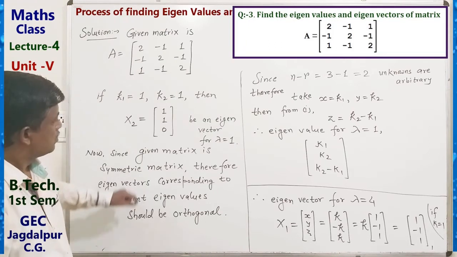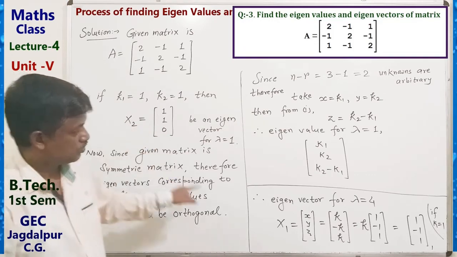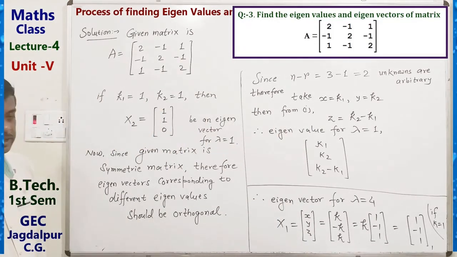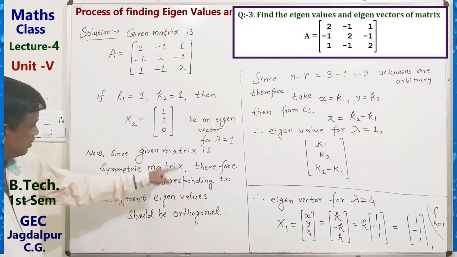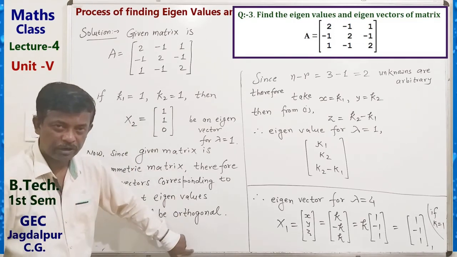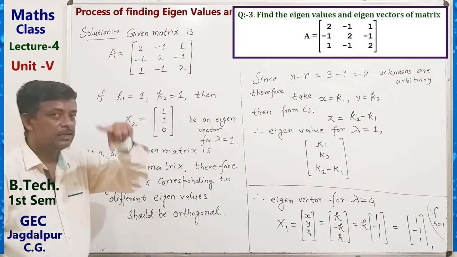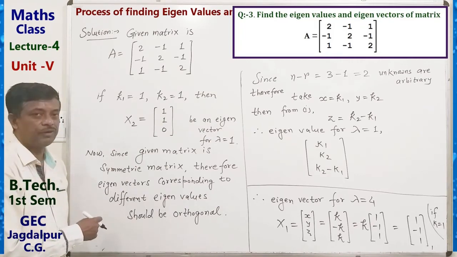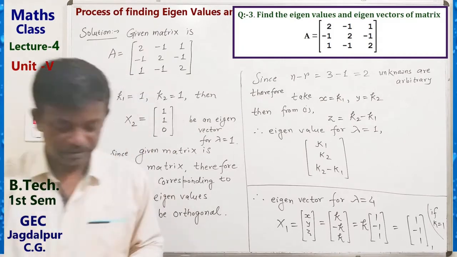Okay. So here we see that x2 and this are orthogonal. For writing another vector for lambda equal to 1, if we give values that are not linearly independent, it will not be orthogonal. So that's why we are now finding x3 for lambda equal to 1.